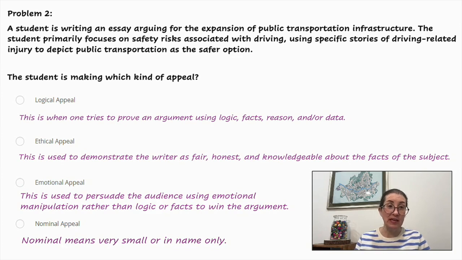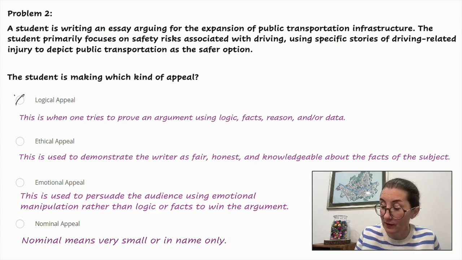This student is making what kind of appeal? Logical appeal, ethical appeal, emotional appeal, or nominal appeal? So a logical appeal is when one tries to prove an argument using logic, facts, reason, or data. And this is not the case here.